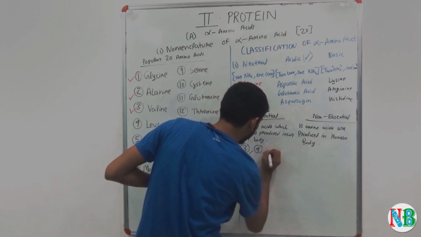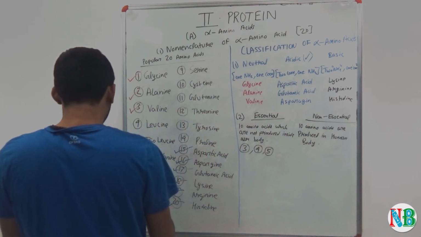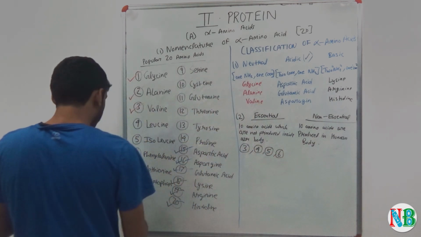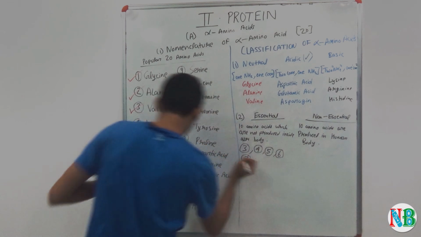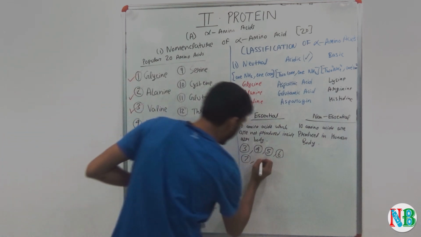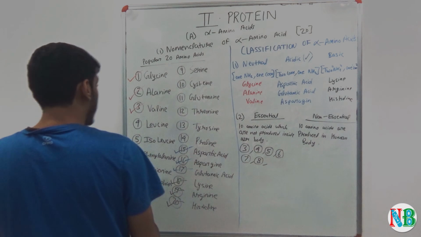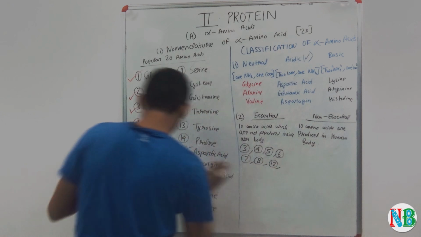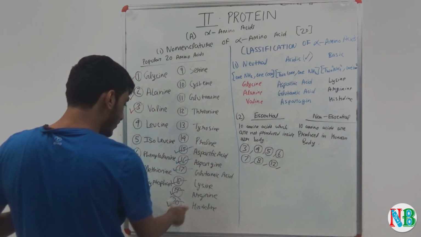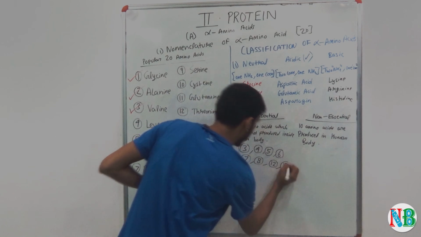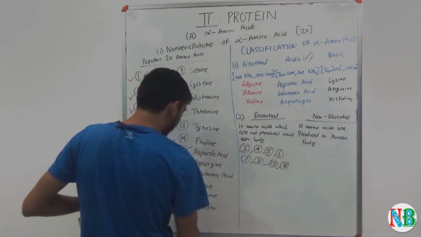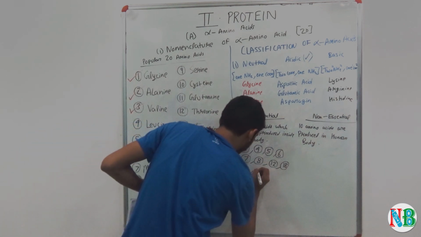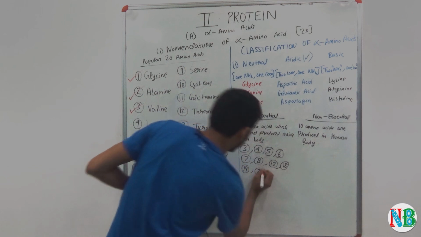Isoleucine, the fifth one. Phenylalanine, the sixth one. Methionine, the seventh one. Tryptophan, the eighth one. Threonine, the 12th one. Lysine, where is lysine? 18th one. Arginine, the 19th one. And finally the last one, histidine, the 20th.